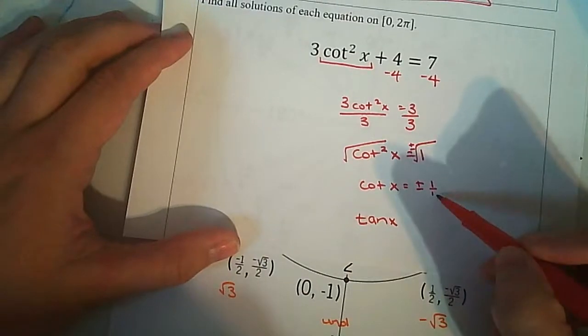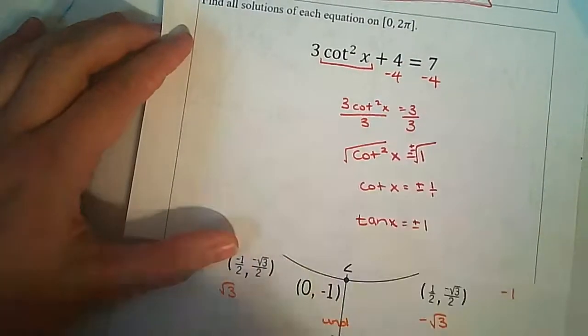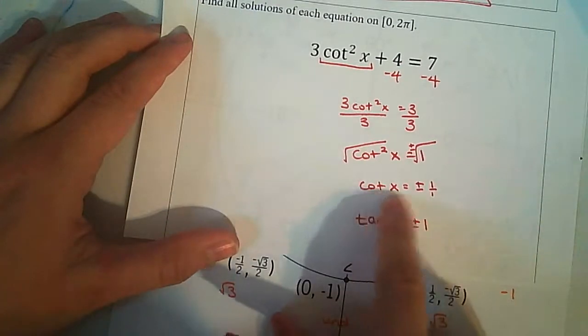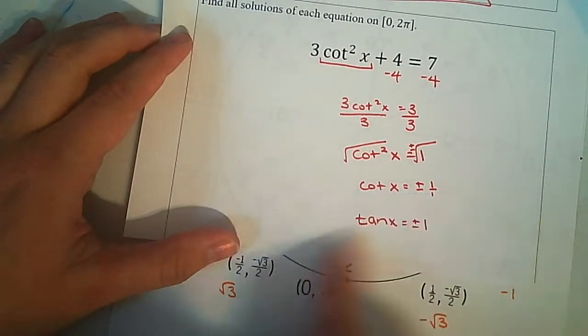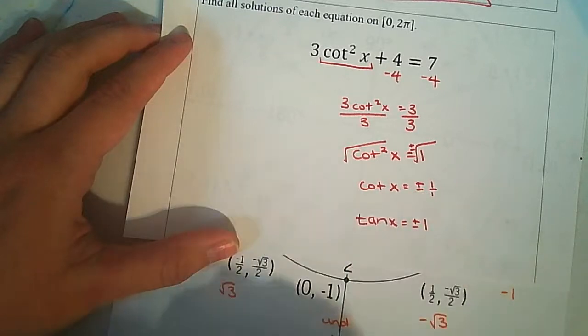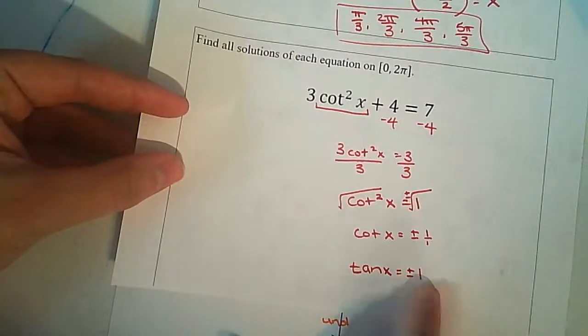And if I take the reciprocal of 1 over 1, I'm just going to end up with 1 again. So another way to look for cotangent of 1 is to look at the tangent of 1. So on my unit circle, I need to look at all my orange and figure out all the places where tangent is positive or negative 1.